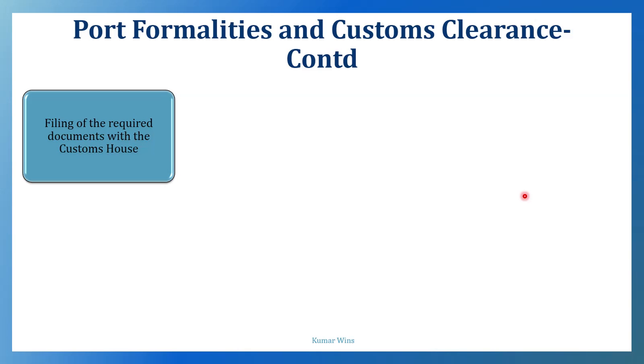These documents are the shipping bill, which I will show you in the next slide, then contract or correspondence leading to the contract. Okay, then LC copy, then commercial invoice, GR form, inspection certificate, AR4 or AR5 form, packing list, or if there are other documents which customs people might ask you to submit, then these documents have to be submitted.